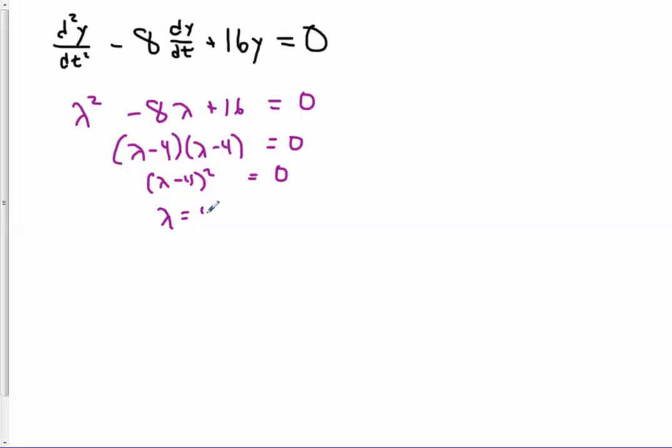We are only getting one answer. Lambda equals 4. All right, so we know what to do now. We say our overall general solution is a e to the 4t plus b t e to the 4t. And that's it, and that will work. Pretty easy.